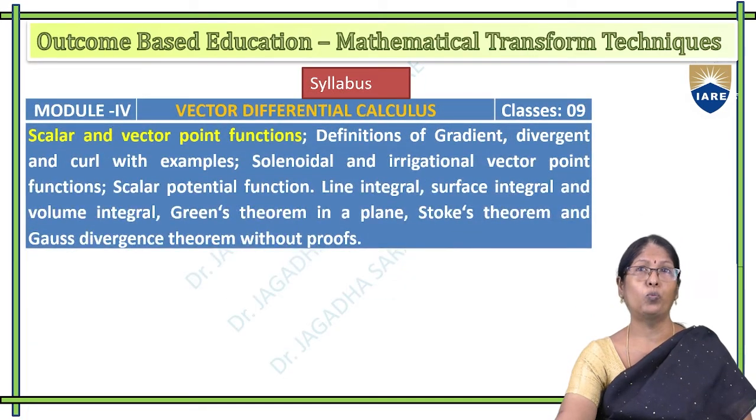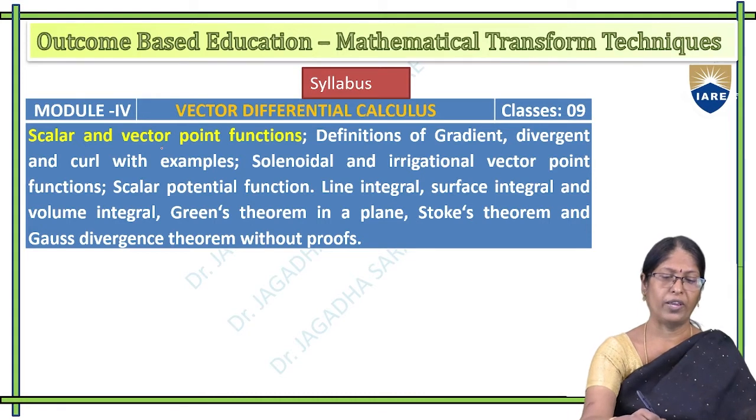Now, our fourth module is vector differential calculus. Scalar: the student should be recalling the information studied in lower classes. Scalar has only magnitude. Vector has not only magnitude, it has direction also.